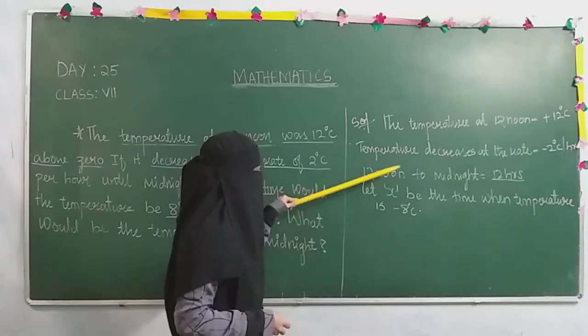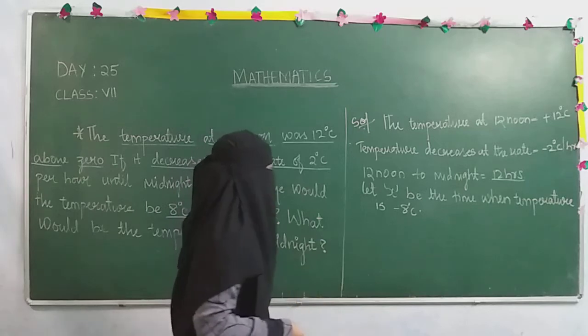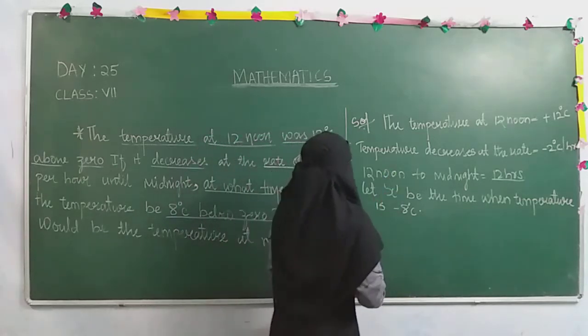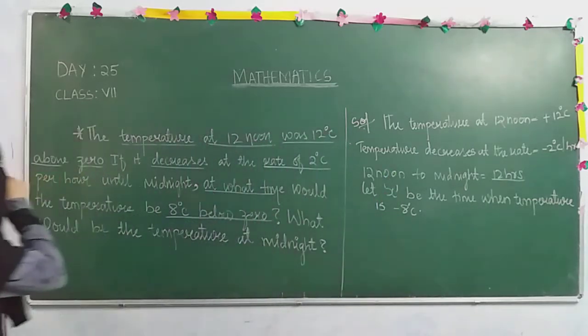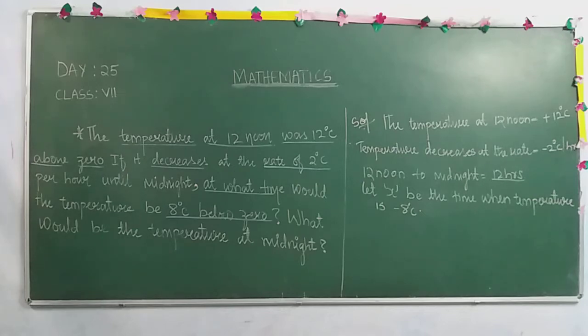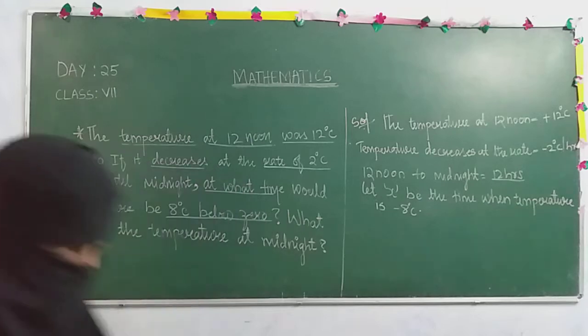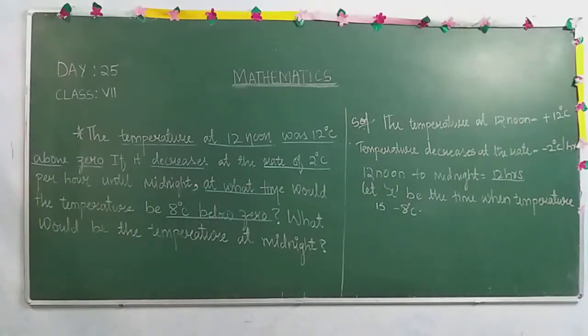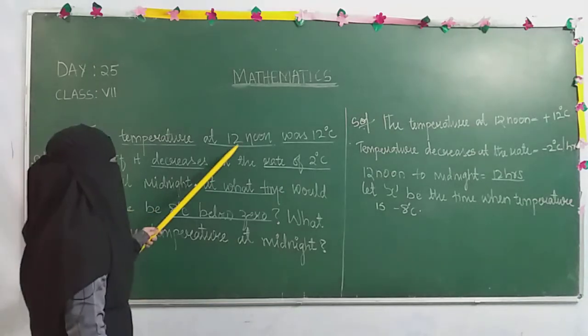These statements we are using to make an equation. So what is the initial temperature? The initial temperature is 12 degrees centigrade, given when the time is 12 noon.